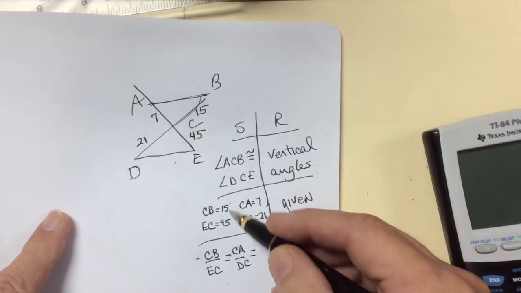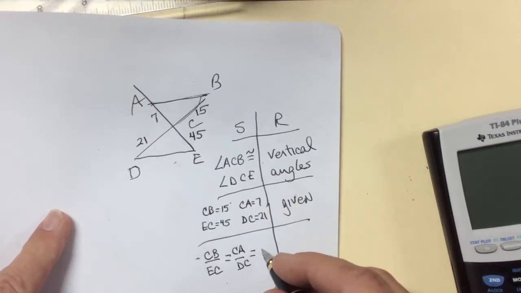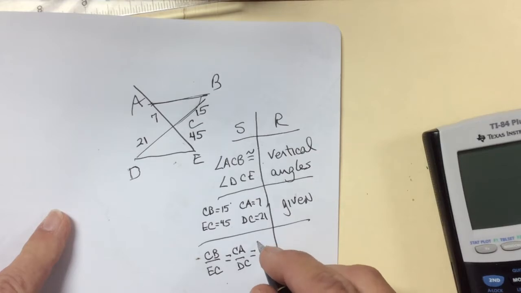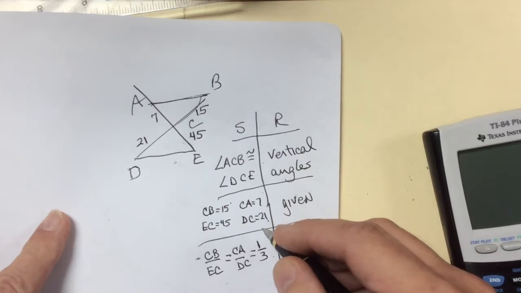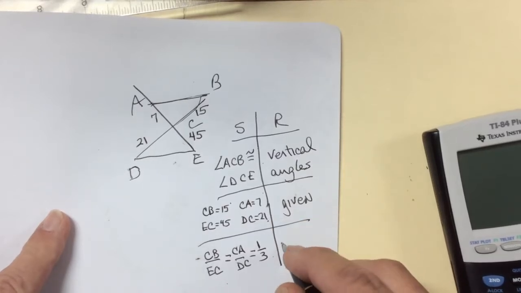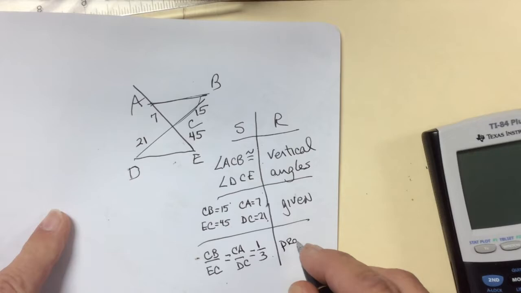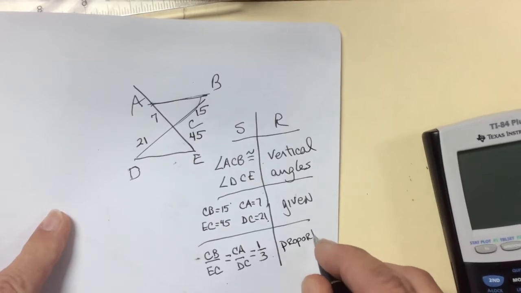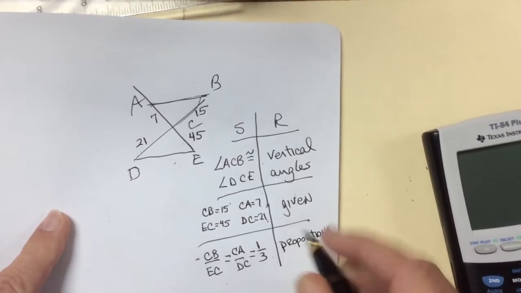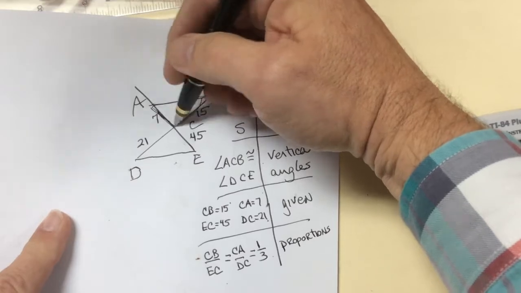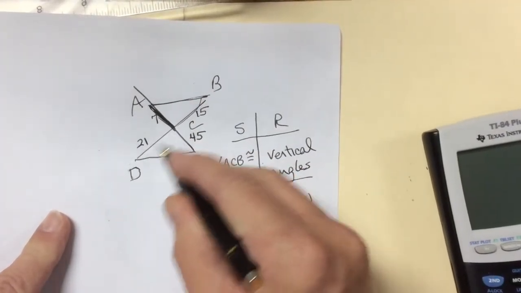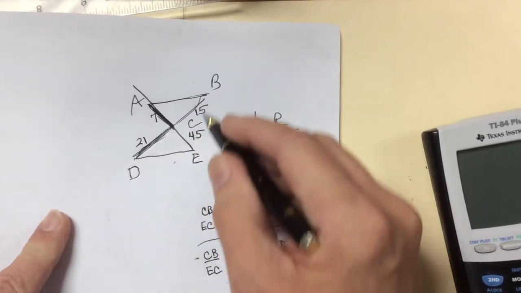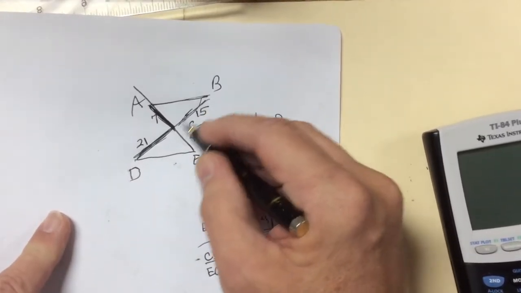And if so, what's that ratio going to be? Well, 15 over 45 reduces to 1 over 3. And 7 over 21, 1 over 3 again. Love it. What is that? Proportions. What do I now know? I know that this side and this side form a proportion that's equal to this side and this side.